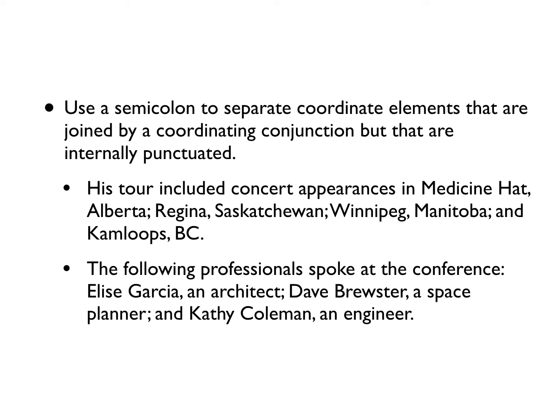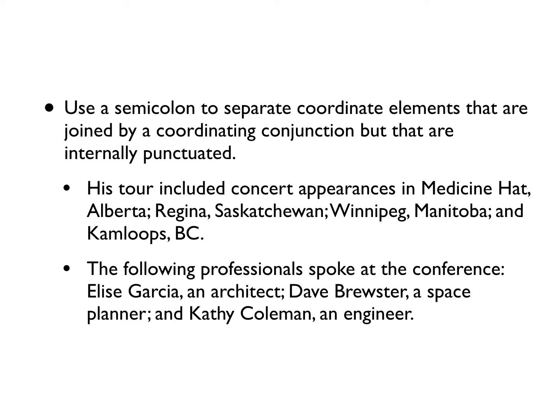Now, here's the exception. Use a semicolon to separate coordinate elements that are joined by a coordinating conjunction, but that are internally punctuated. So, his tour included concert appearances in Medicine Hat, Alberta, semicolon. Regina, Saskatchewan, semicolon.